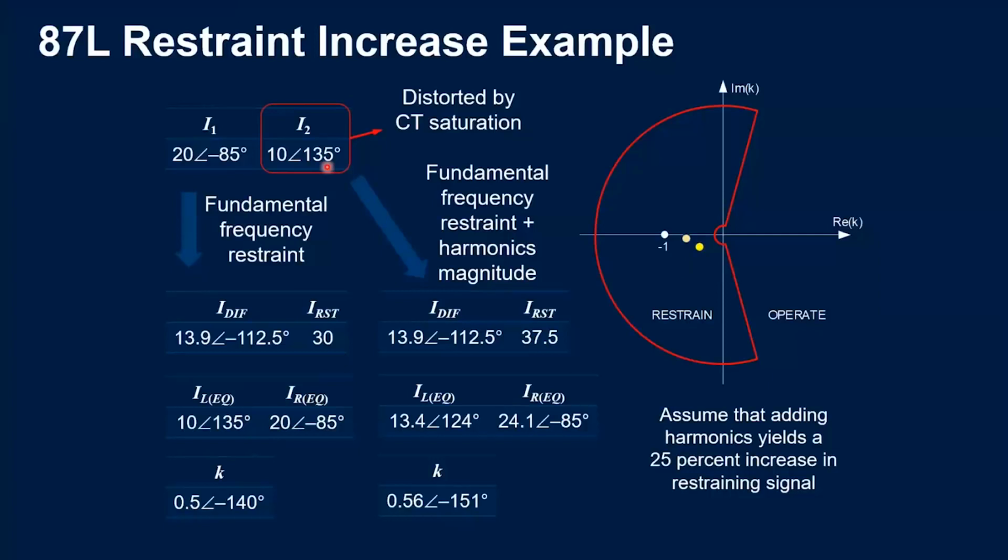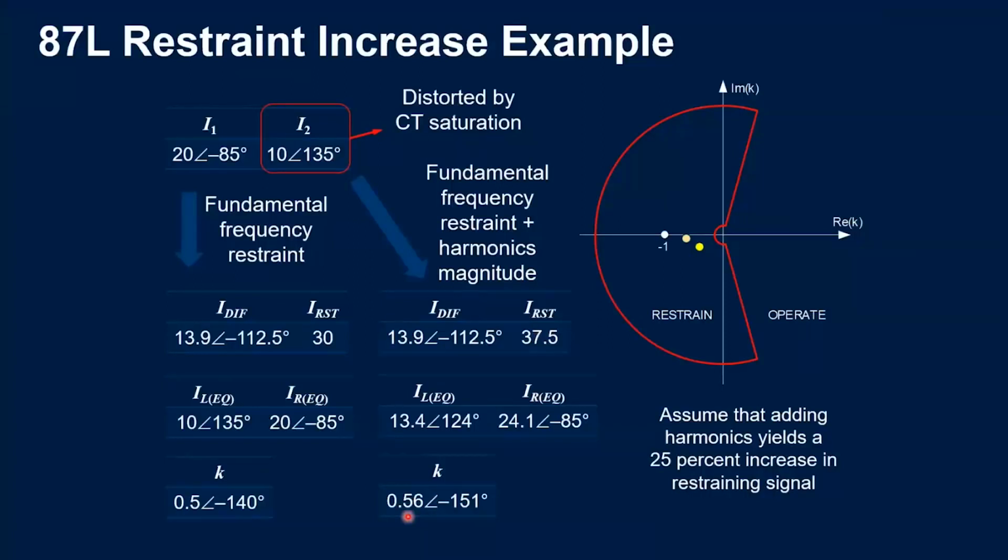So what we do, because we have access to the differential and restraint current before calculating the local and remote equivalents, is that we add a negative sequence current to the restraint current. And once we do that, and we calculate the local and remote current, that yields an operation point which is closer to the ideal blocking point.